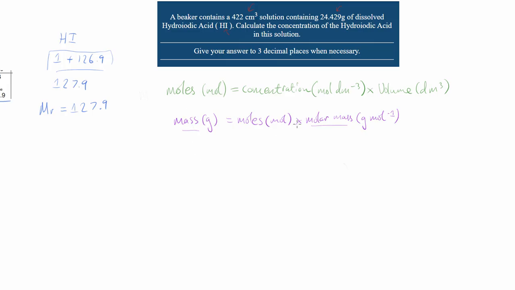With this equation, I'm going to divide both sides by the molar mass, and if I do that, we get mass divided by molar mass, and then dividing that by the molar mass, we obviously would get effectively 1. So we get moles. So moles is mass divided by the molar mass, right?